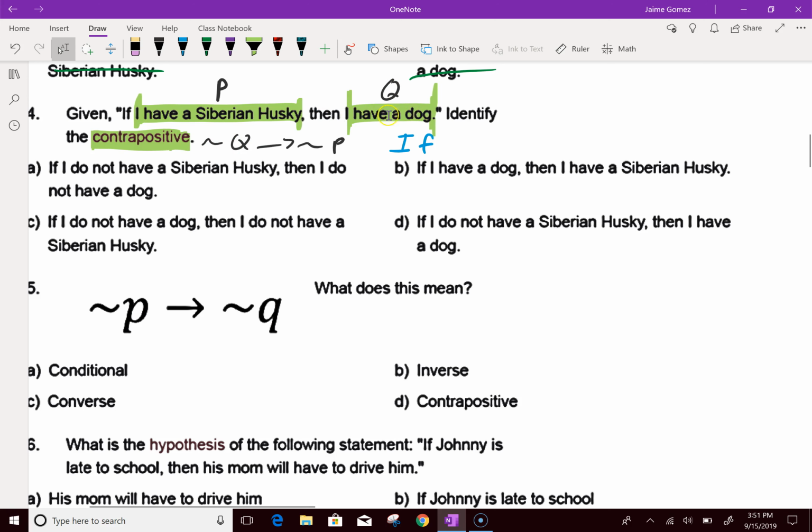So how it says I have a dog, how do you put not? Well, then that means I do not have a dog.